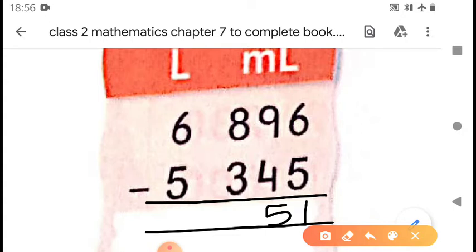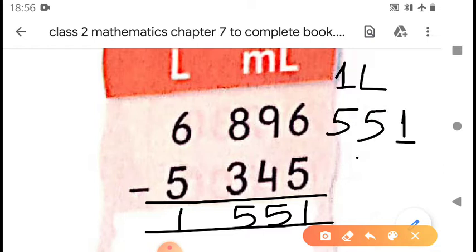And 8 minus 3 is equal to 5. 6 minus 5 is 1. Okay. So 6 liter 896 milliliter minus 5 liter 345 milliliter is equal to 1 liter 551 milliliter.